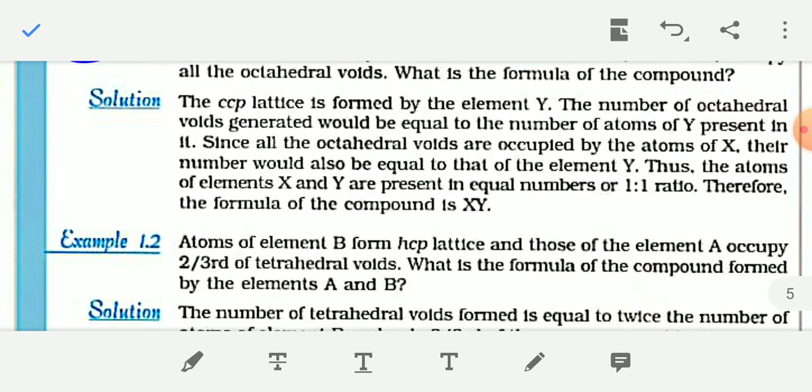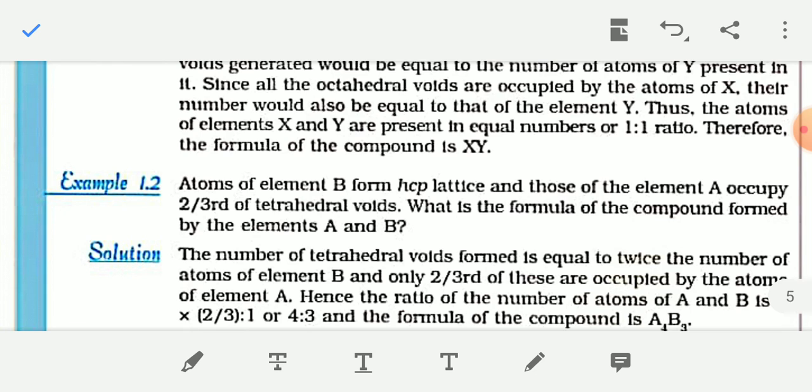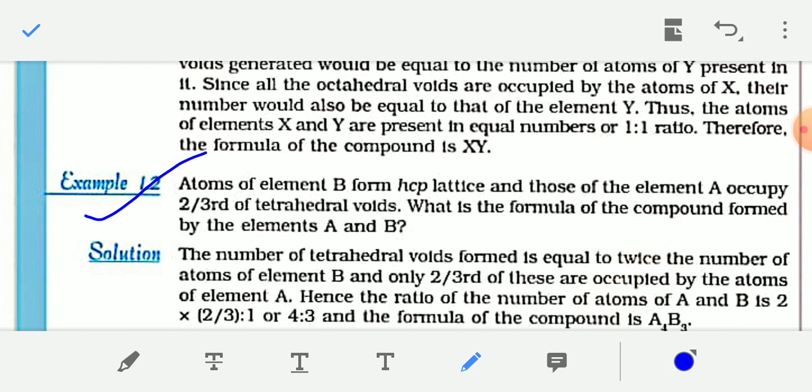Second question. Atoms of B form an HCP, hexagonal close packed lattice, and those of element A occupy 2/3 of the tetrahedral voids. Assume the number of element B in the close packing is n.